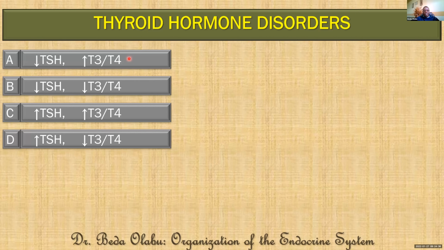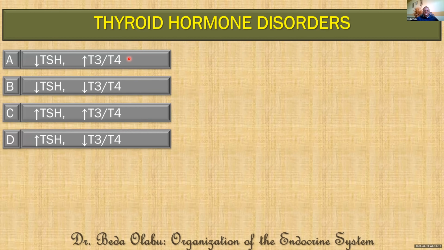So get that first. And then we can classify whether this thyroid disease is primary or secondary. A primary thyroid disease is a disorder that is intrinsic to the gland. A secondary thyroid disease is a disorder related to either hypothalamus or pituitary gland. It's a problem with the stimulation of the gland.